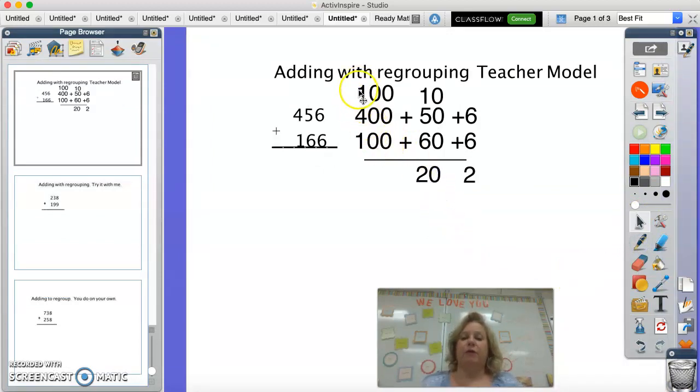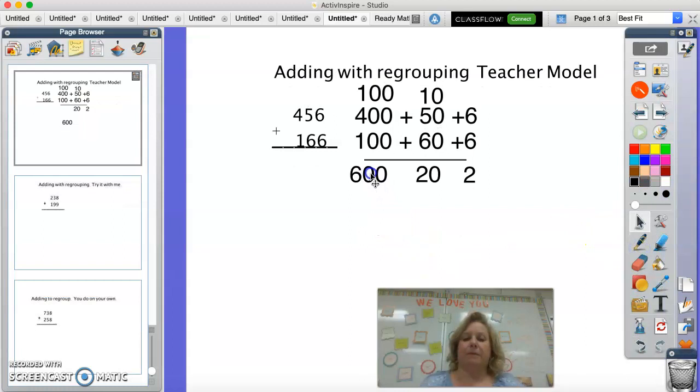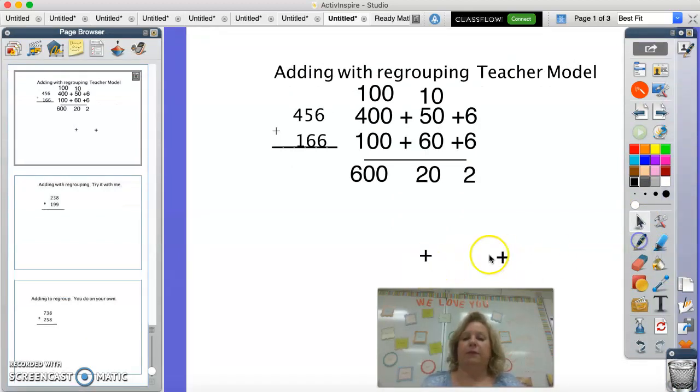And then we have 4, 5, 6, 600. We'll put in our pluses so that you can see that expanded form. All right, so 622 would be my answer.